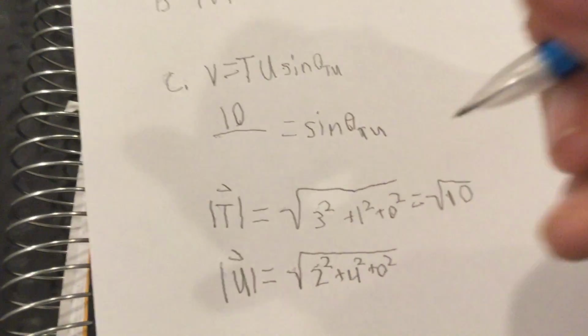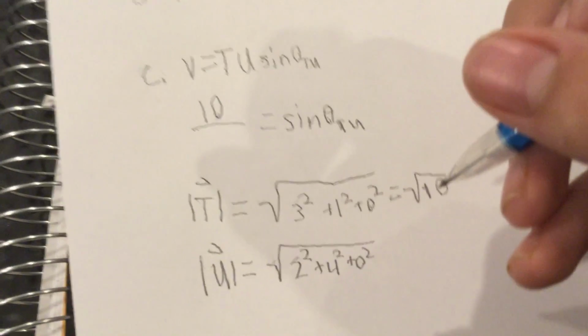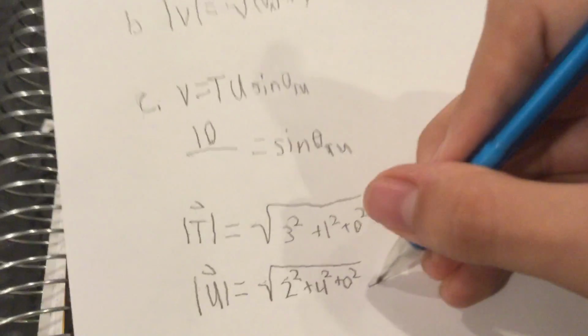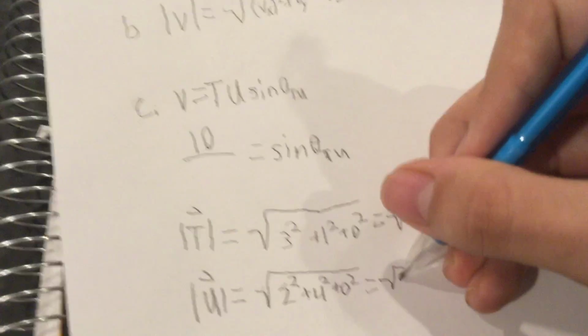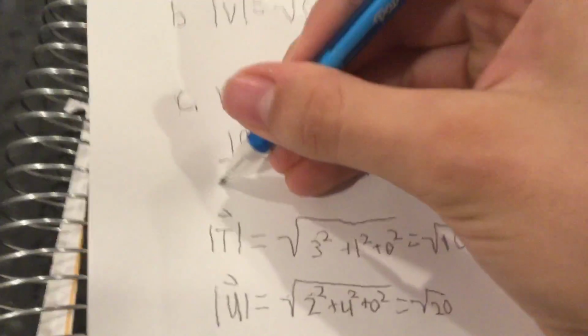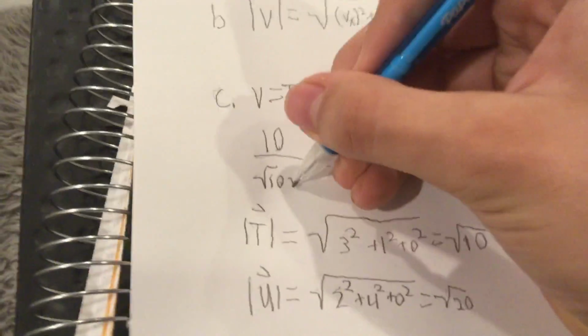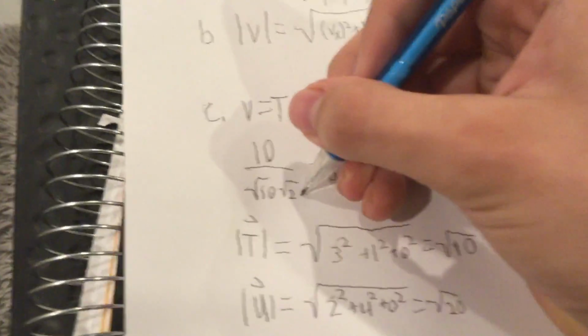That's going to be equal to 16 plus 4, which is root 20. So we put that in the denominator, root 10 times root 20. And when we plug this into a calculator, we find that the answer is equal to 0.707.